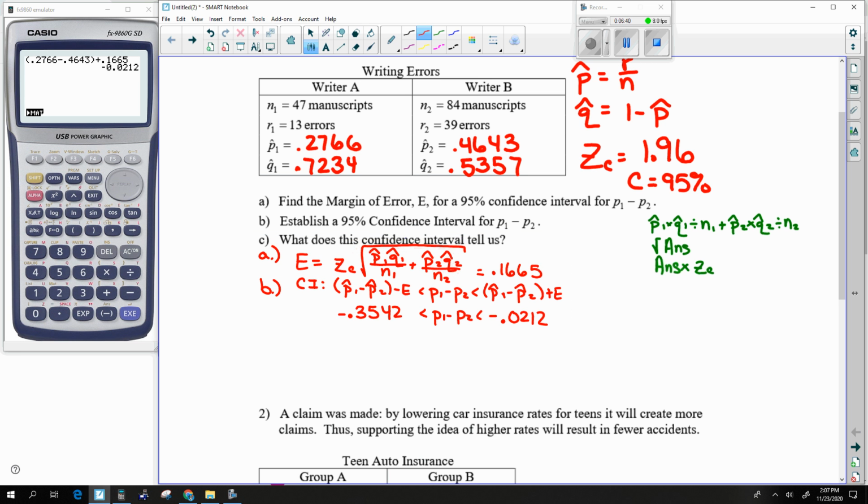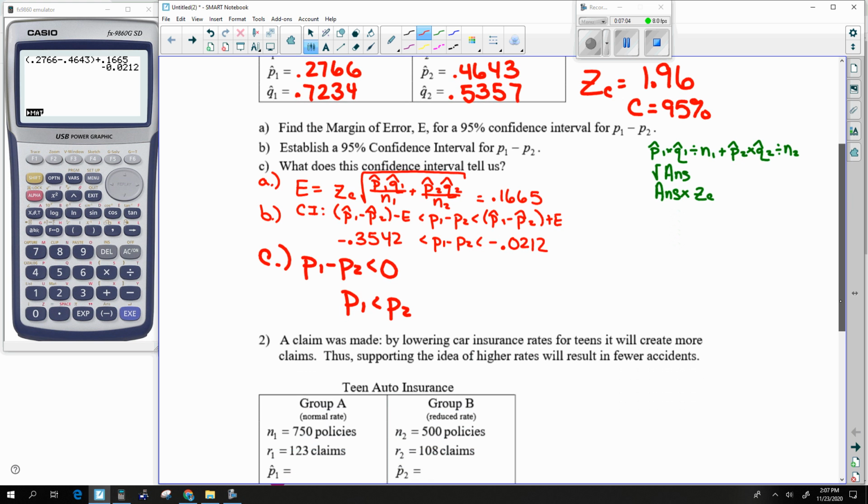All right, so what I see in this situation is that they're both negative. So the regular p1 minus p2 in the middle part is less than 0. They're both negative. So that means p1 is less than p2. So again, B stands for probabilities. And again, look at the r for the meaning behind what these probabilities are.